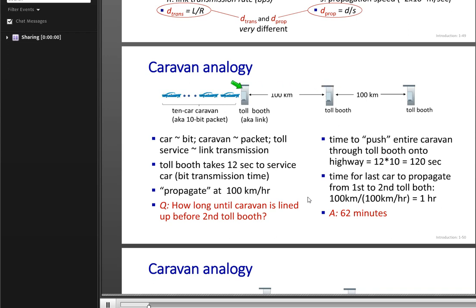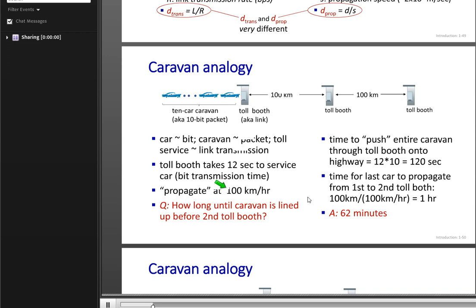Let's suppose that in the first gateway, each car needs to spend 12 seconds to get service and pass this gateway, entering into the highway. The length of the highway is 100 kilometers and the speed of cars is 100 kilometers per hour.